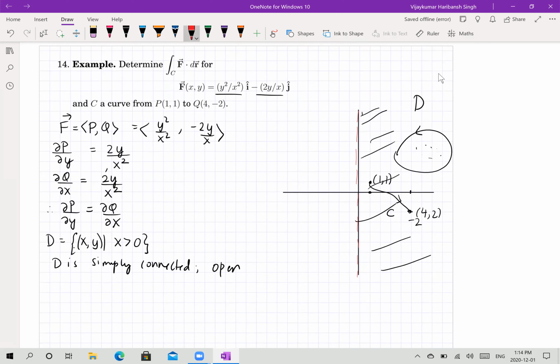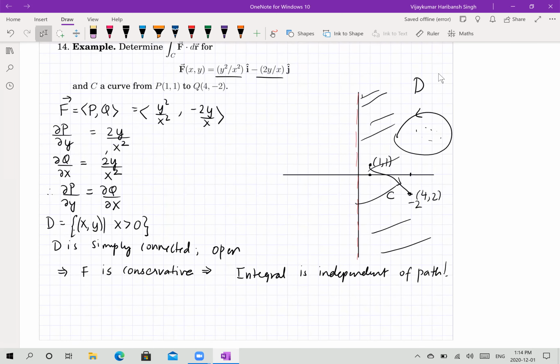That means F is conservative, which implies the integral is independent of path. So what is the integral going to be?